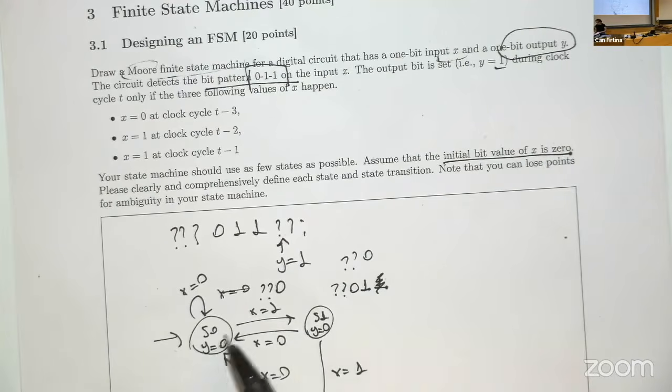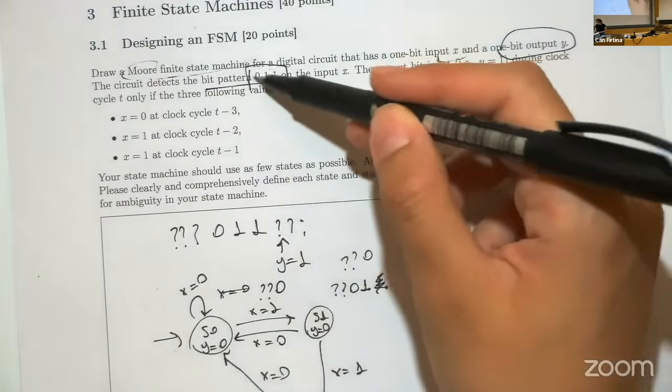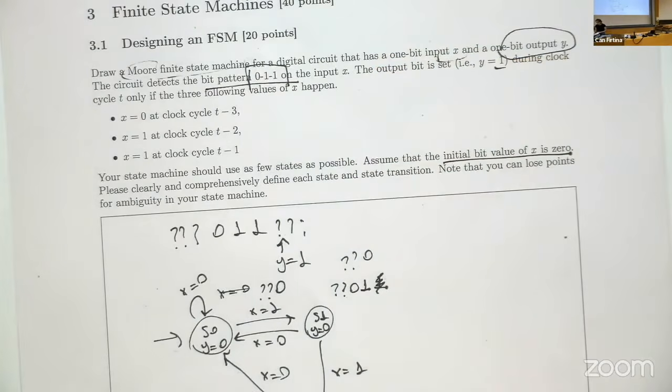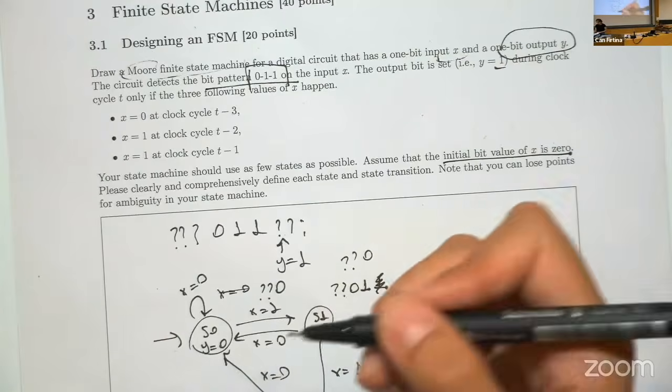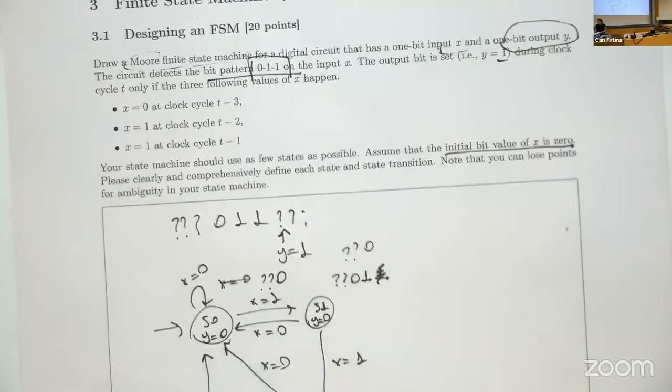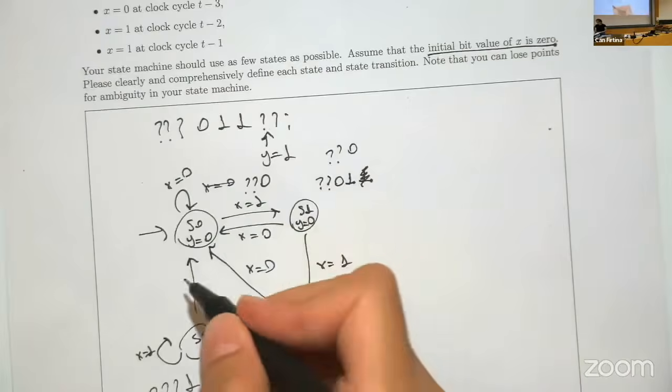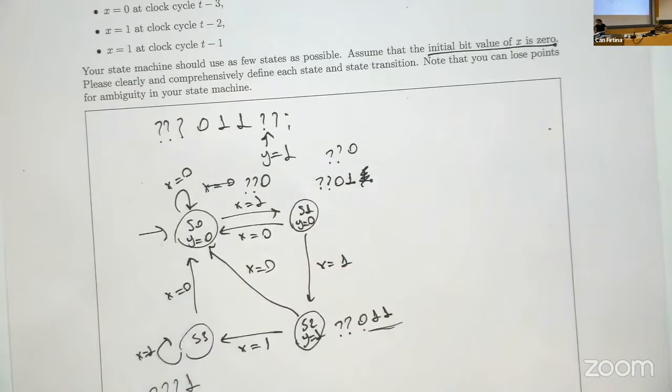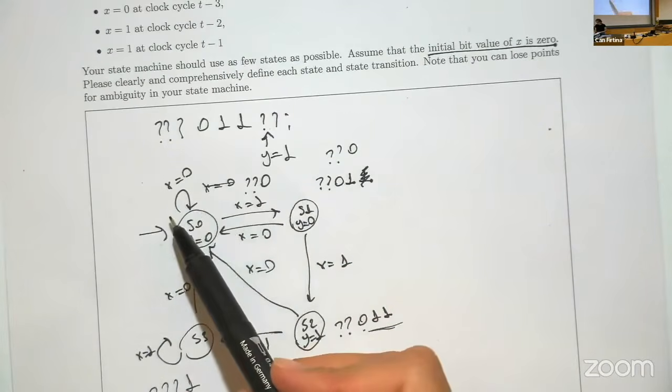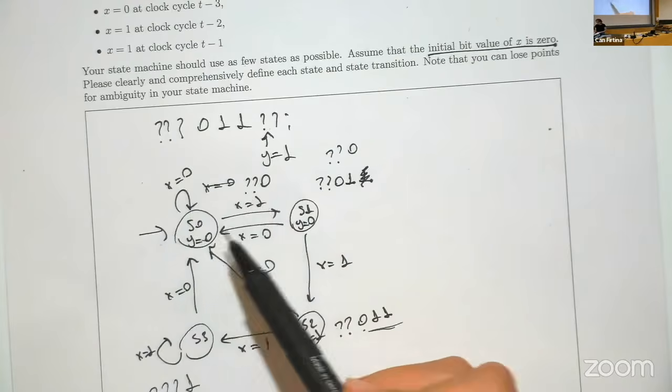So it's not like you did not observe any bit of your target pattern yet. And if you observe 1 in this state, you have nothing new in your pattern, so you stay in your state. But if you observe a 0 in this state, you actually go to the initial state, which is x equals 0, because you observed a bit pattern that ends with 0 in this state.